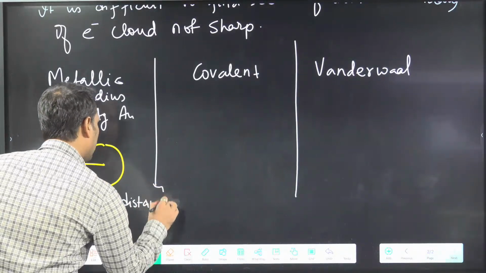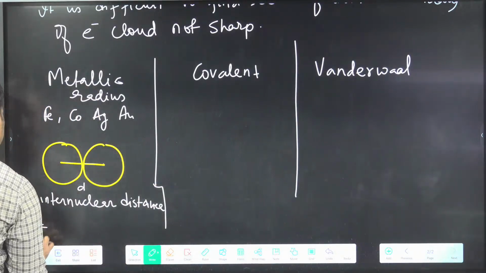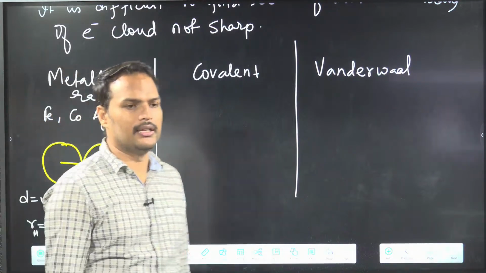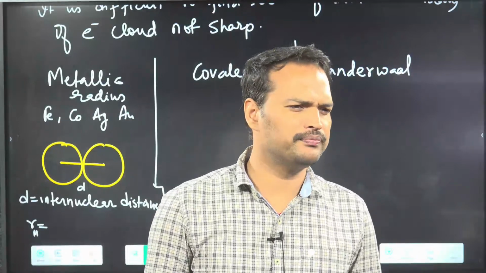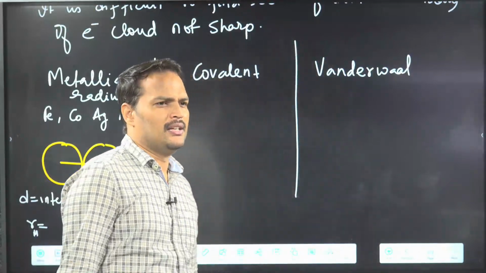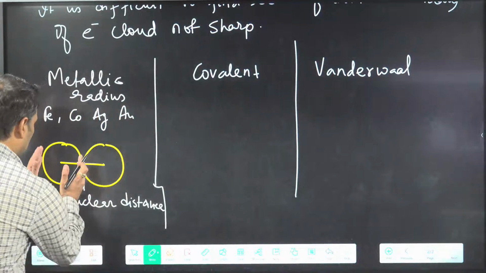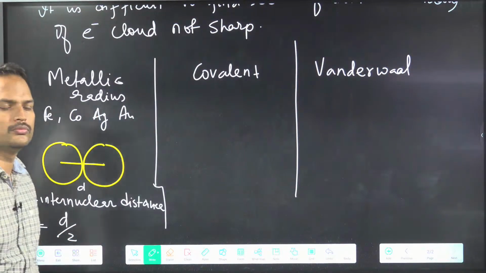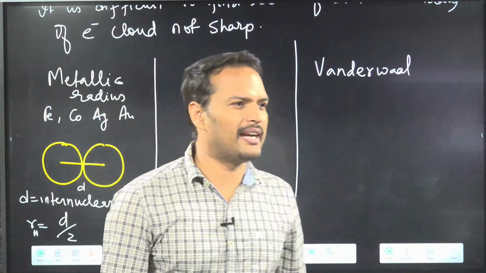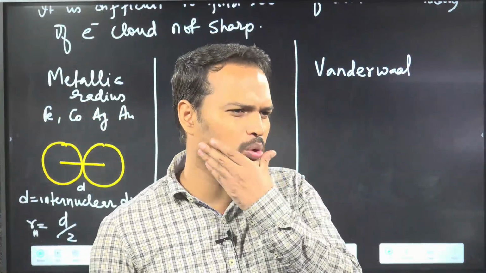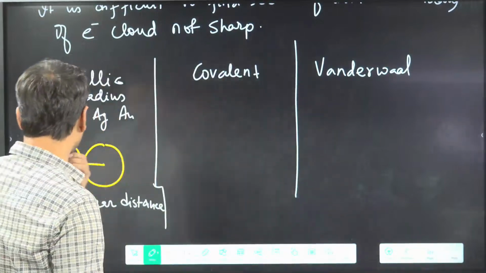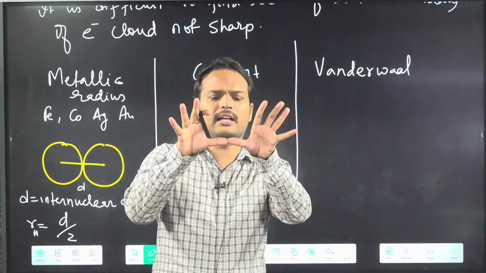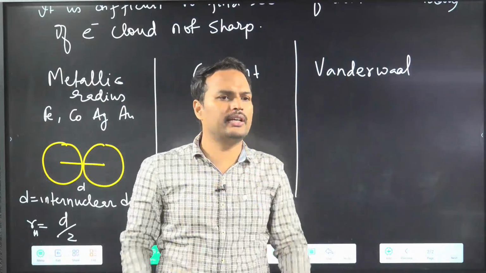Now can you tell me how I will get the metallic radius? You will say, sir, no problem, do half, D by 2. Sajid is writing correct, D by 2. Clear with this point? One sphere, other sphere, touching, divide by 2, you will get the radius.